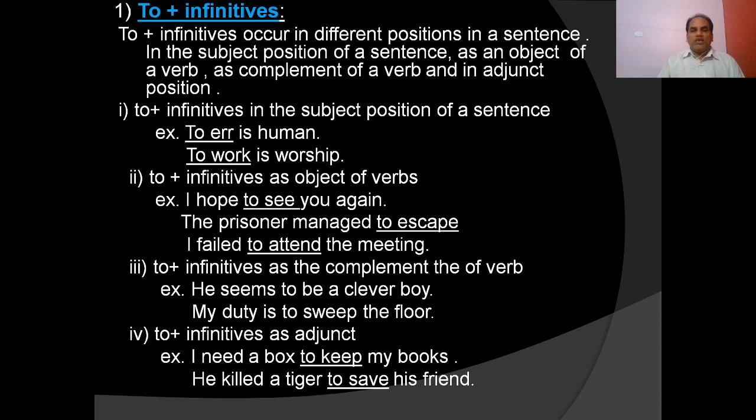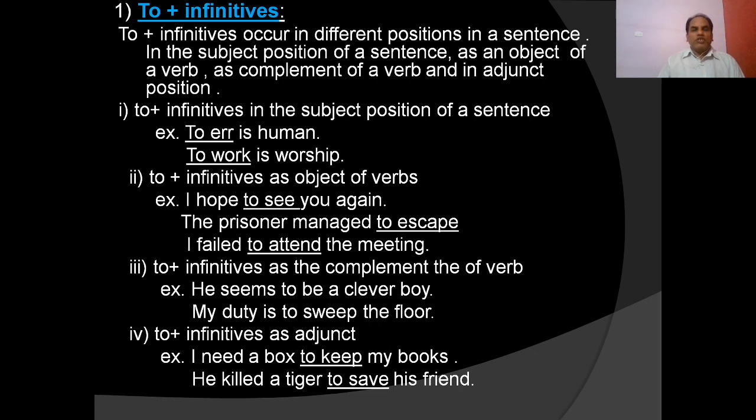To err is human, to forgive is divine. To work is worship. You know, who can be a subject? A noun or noun phrase or pronoun or noun clause can be a subject. So the function of the non-finite verb here is a noun or subject. To work is worship.